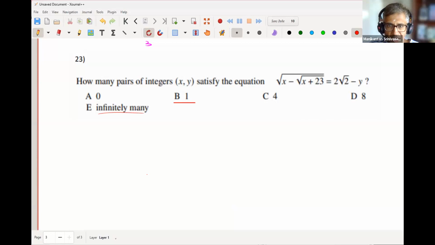Okay. So pay attention to whether it's real numbers or rational numbers or integers, positive integers, non-negative integers, all of that. Be very, very careful what he's asking. He's saying pairs of integers, which means x and y can be negative, but they have to be integers, including 0. That's one thing.